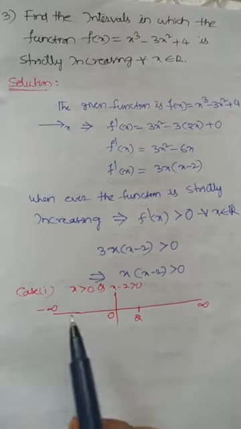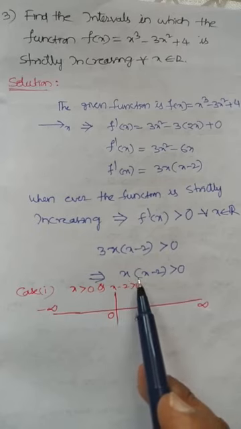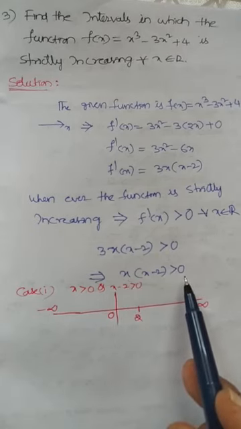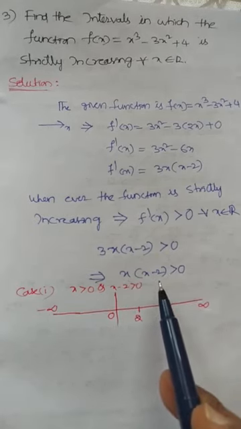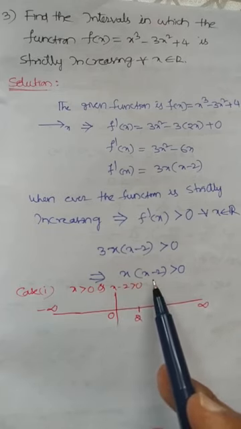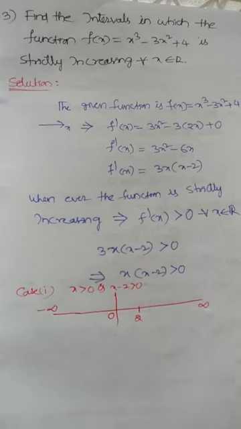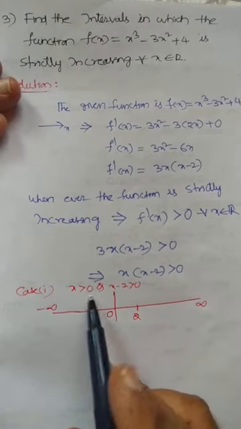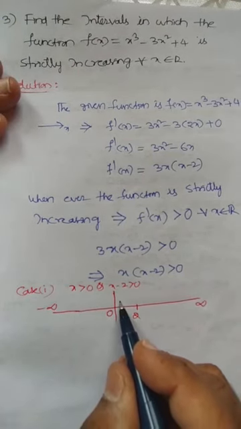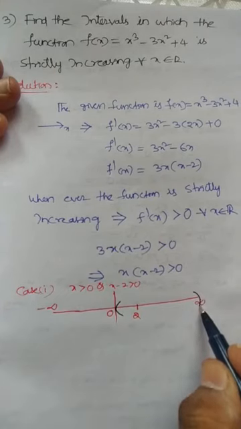Now two cases will arise. Whenever the product of two factors is greater than 0, we will have two cases. The first case: x is positive and x minus 2 is positive, and positive into positive is greater than 0. Let us check this case first. x greater than 0 means the values lie between 0 and infinity.